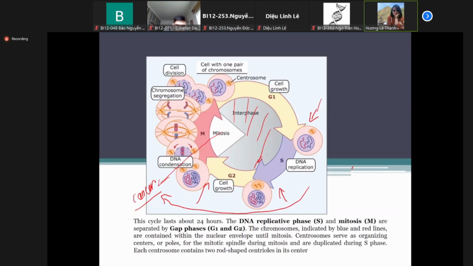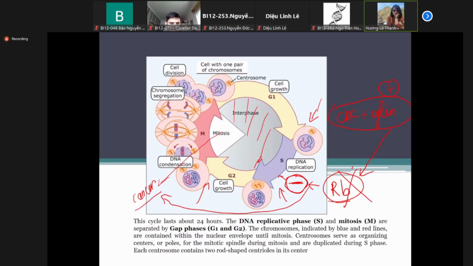Here I draw the RB protein, and it gives the negative signal, so it is a negative regulator in the cell cycle. But if we have CDKs plus cyclins, they are positive. When they inhibit RB, the cell cycle will move to the next phase.